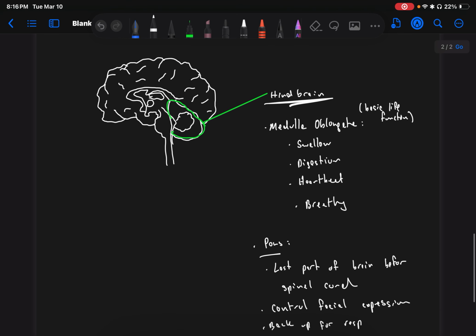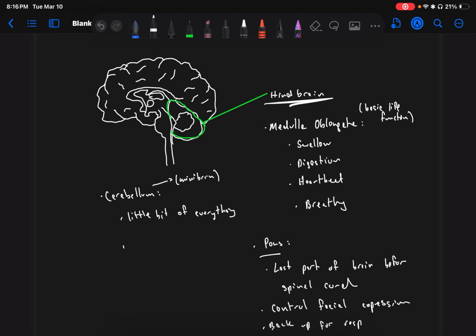Last thing we have in the hindbrain is the cerebellum. I don't know. This is basically just a mini brain, as it does a little bit of everything. Some specifics you might ask.